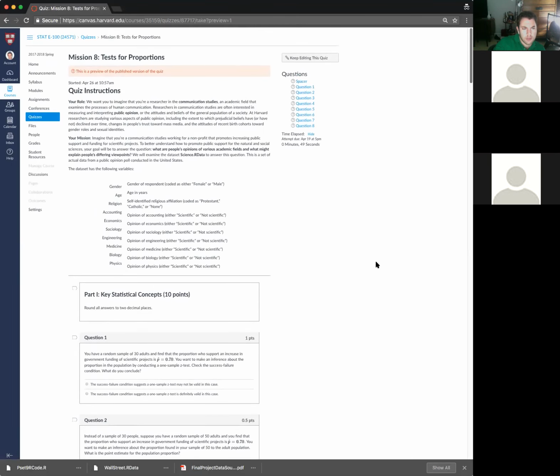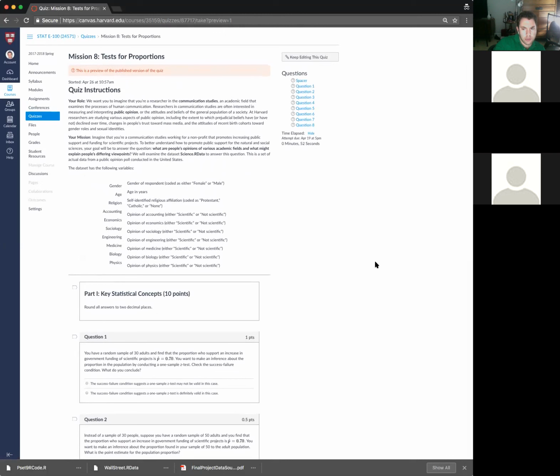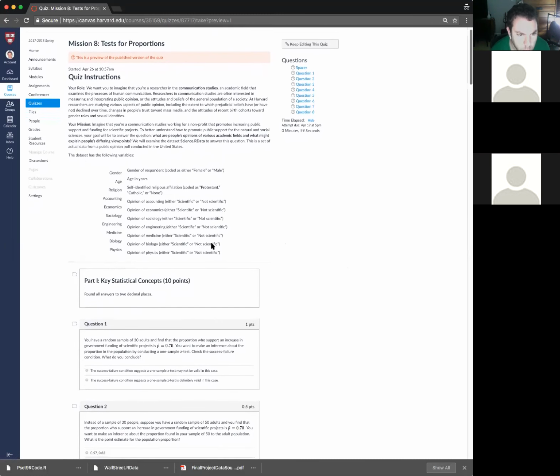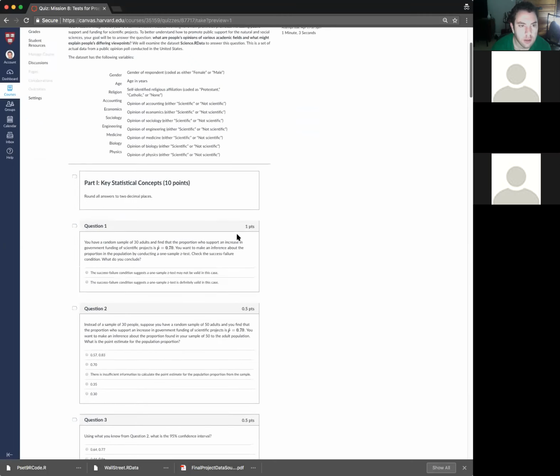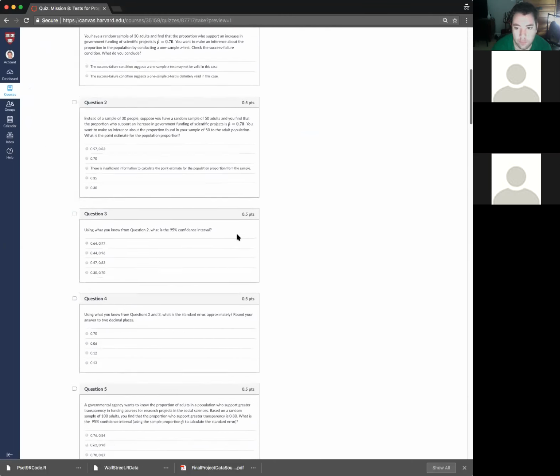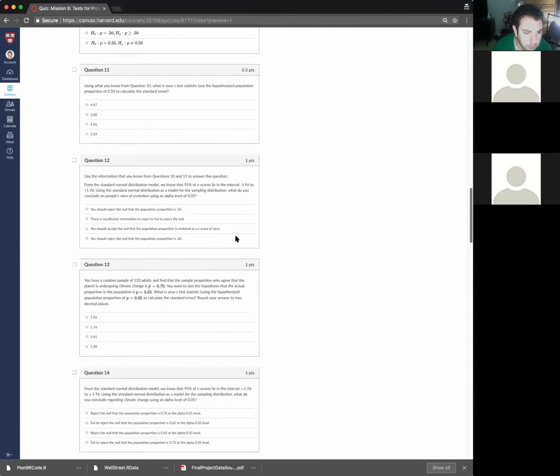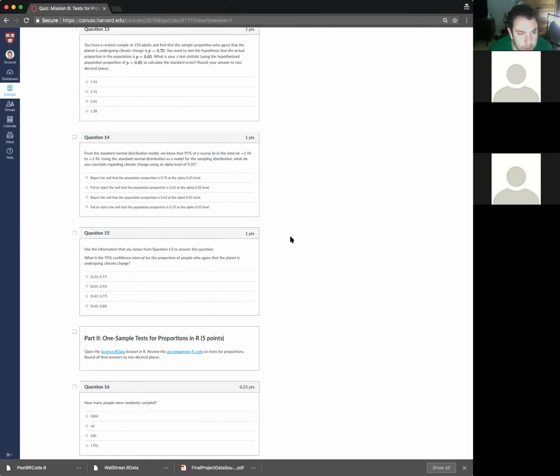Okay, so in this module we were looking at the science data set and looking at whether these different disciplines were believed to be scientific or not. If we look at question 14, from the standard normal distribution module, we show that 95% of z-scores lie in the interval -1.96 to 1.96. What do we conclude regarding climate change using an alpha of 0.05?